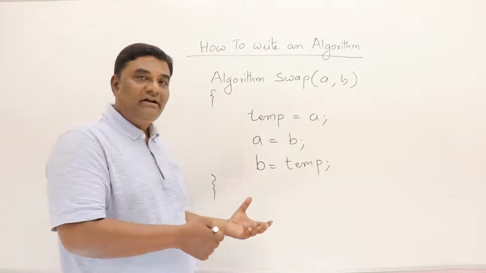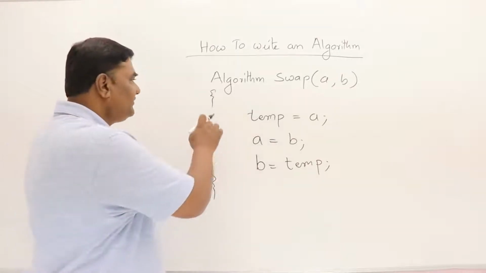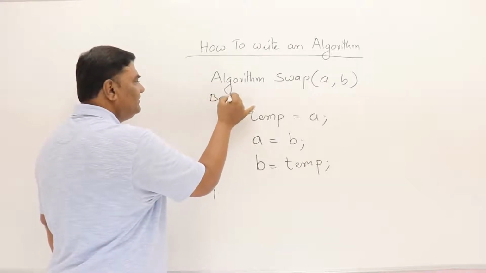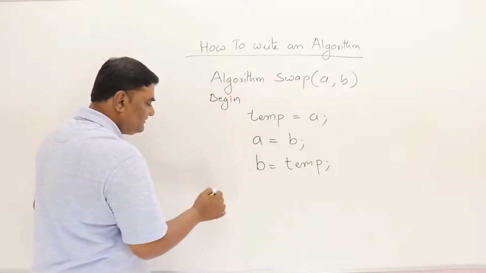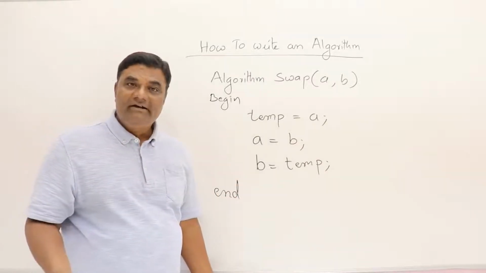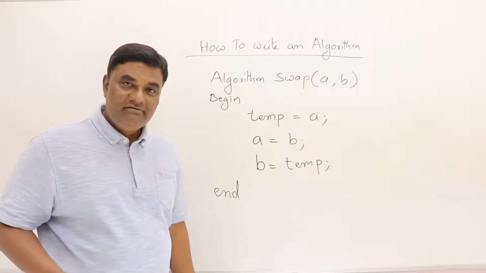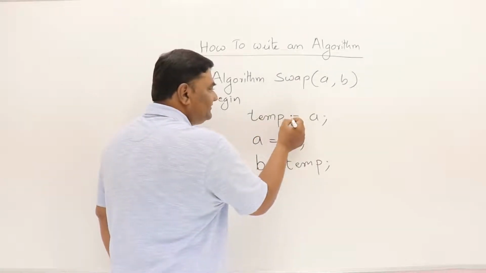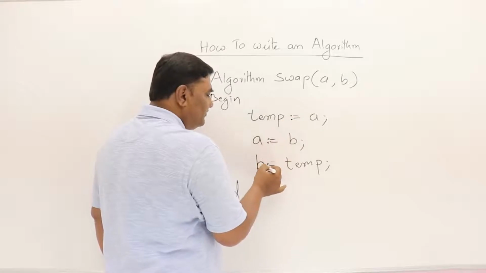Now, if you want to write in a different way, you can say this as begin and this as end. Instead of curly brackets, you can also say begin and end. Next, you can use this symbol also for assignment.